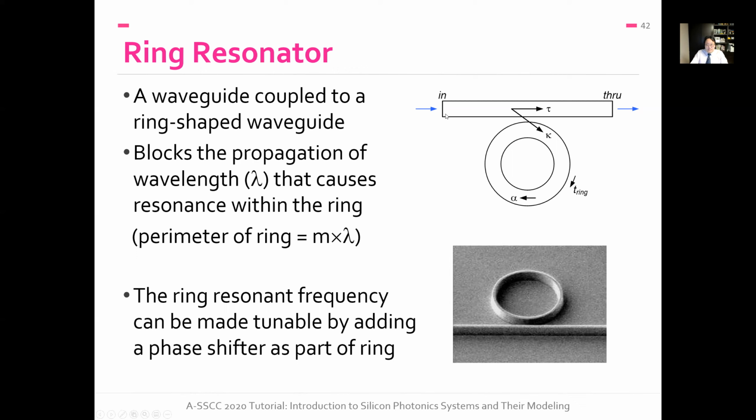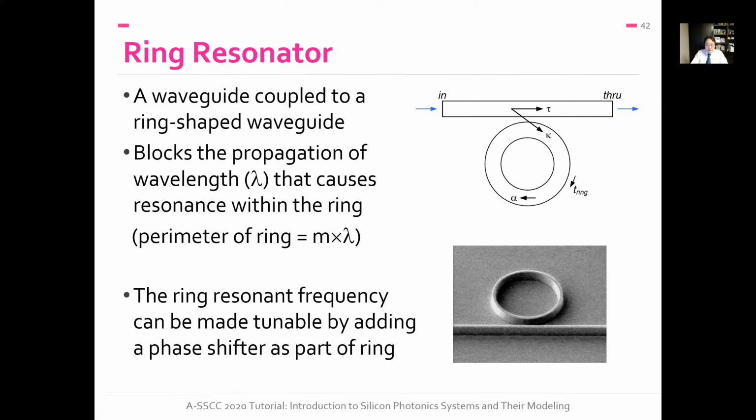So most of the time, the incident wave coming on this waveguide will just propagate through. But for a particular wavelength, the wavelength that will satisfy the resonant condition, that means if the optical path length of this ring is an integer multiple of the wavelength, then it means that the optical wave propagating in this ring can sustain itself.